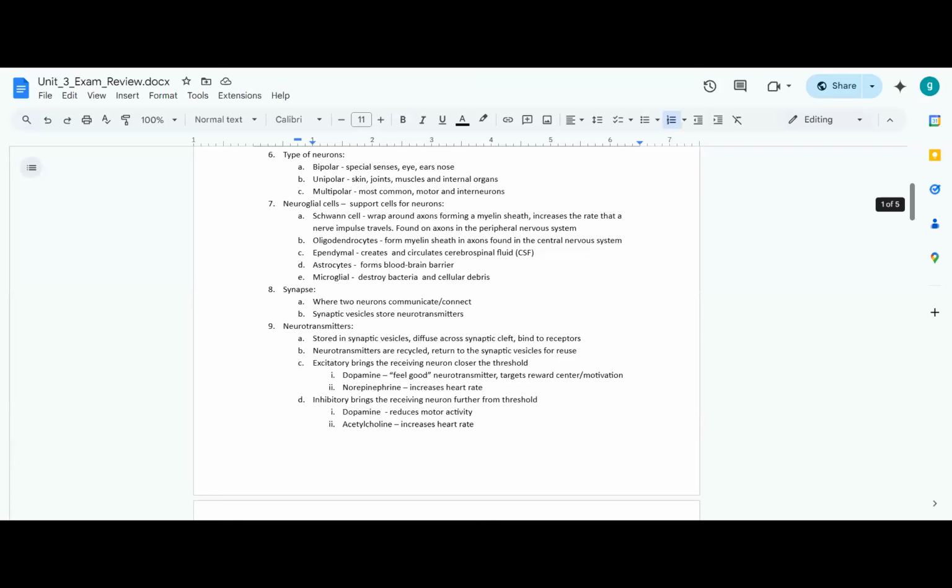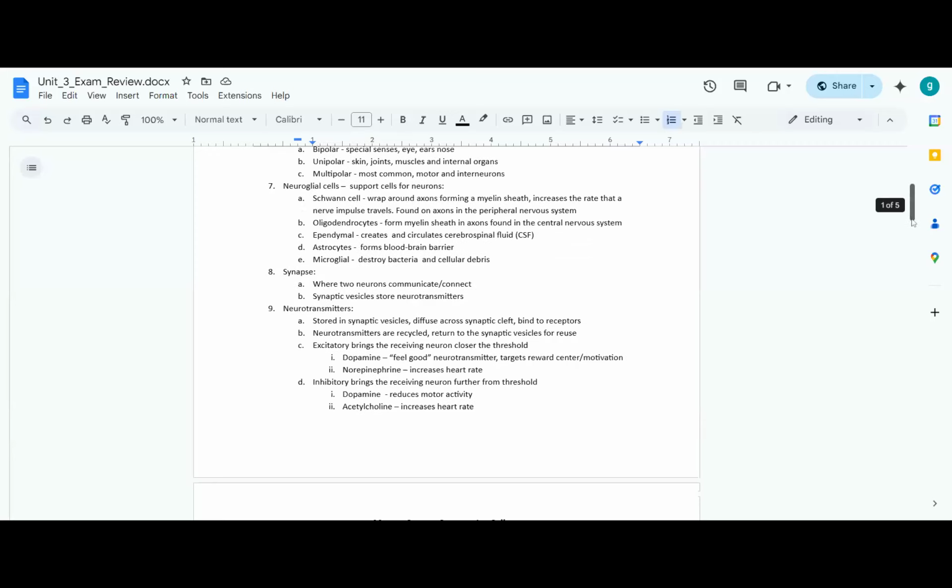And the microglial cells will destroy bacteria or any cellular debris. This could be like dead neurons within the central nervous system, right? So the oligodendrocytes, ependymal cells, astrocytes, and microglial cells are just found in the central nervous system. The Schwann cells are found in the peripheral nervous system.